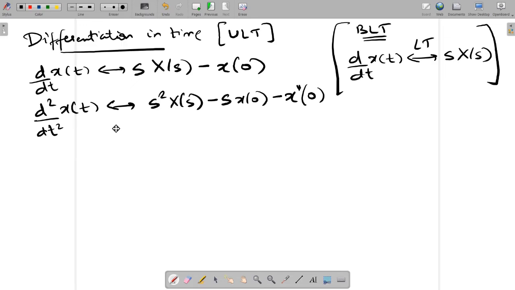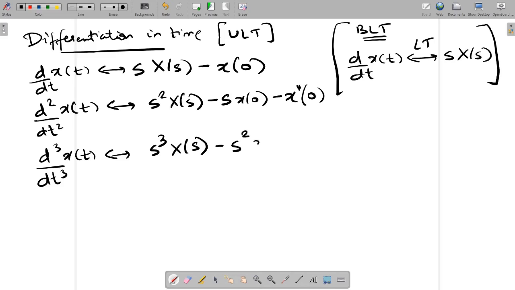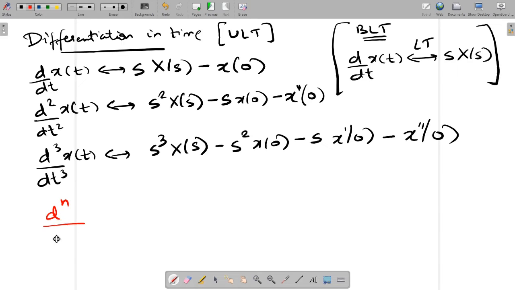For example, if I do d cube by dt cube x of t, my answer will be s cube X of s minus s squared x of 0 minus s x dash 0 minus x double dash 0, right? So the general form I can write: d n by dt n x of t.